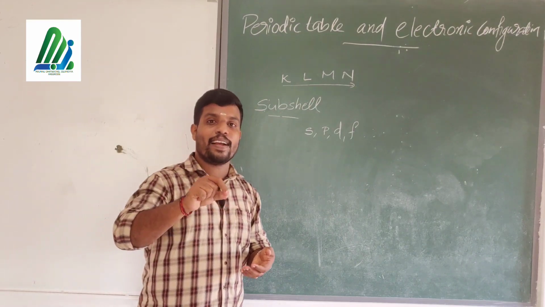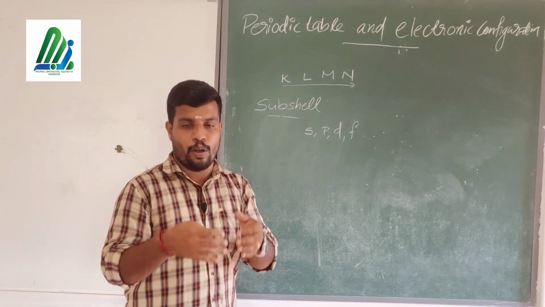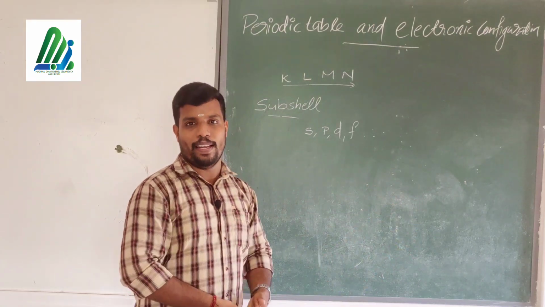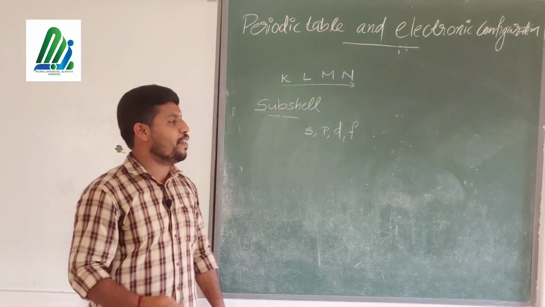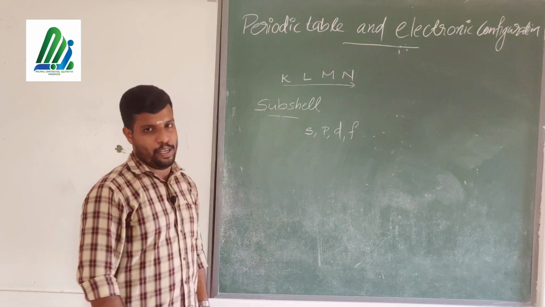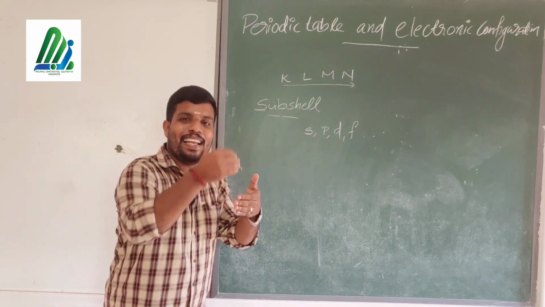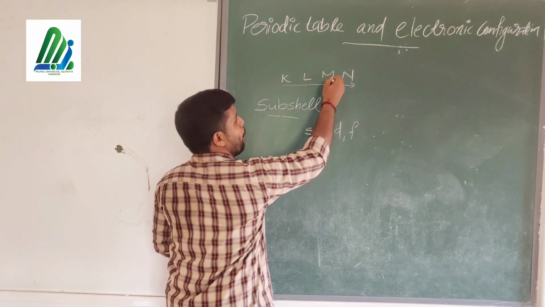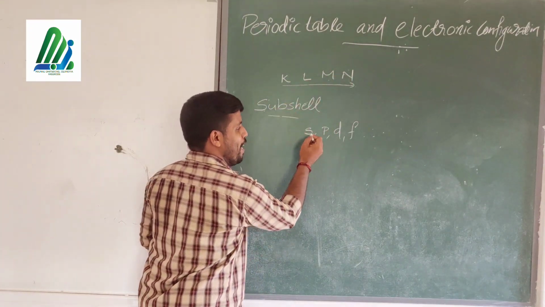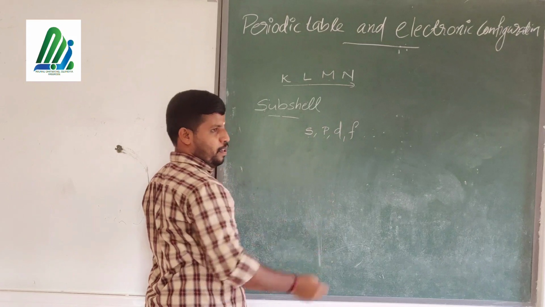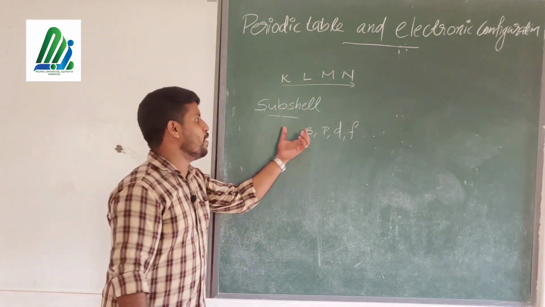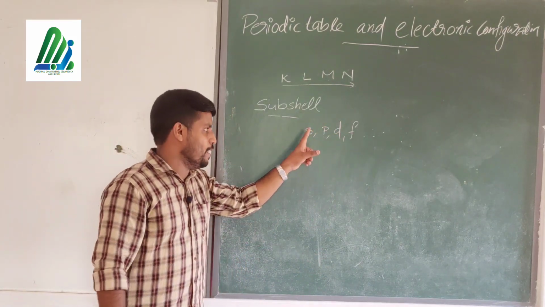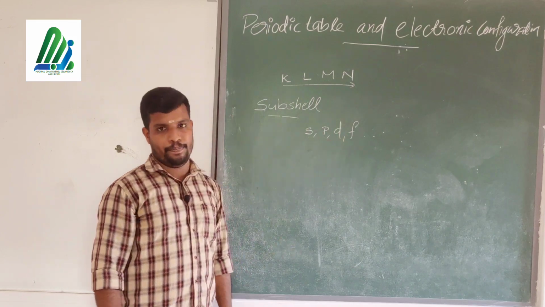Each energy level has sub-energy levels, which are otherwise known as subshells. So each shell contains subshells. The shells are K, L, M, N, and the subshells are s, p, d, f. According to their shape and nature, they are represented by the letters s, p, d, f.